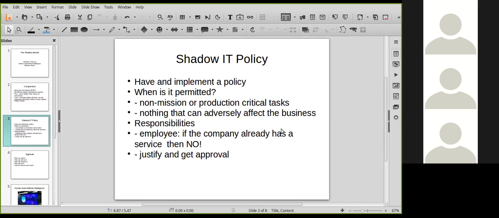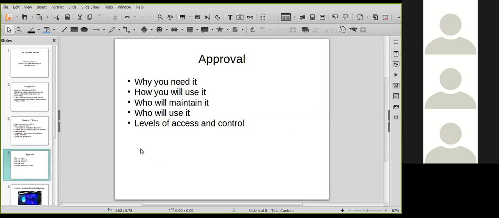So, here's the best way to handle this. If the company already has a service that they're providing, and you can use that, then stick with what they're providing, okay? Otherwise, all you have to do is type up a little letter, get it to your IT or your manager, and get approval to use it.